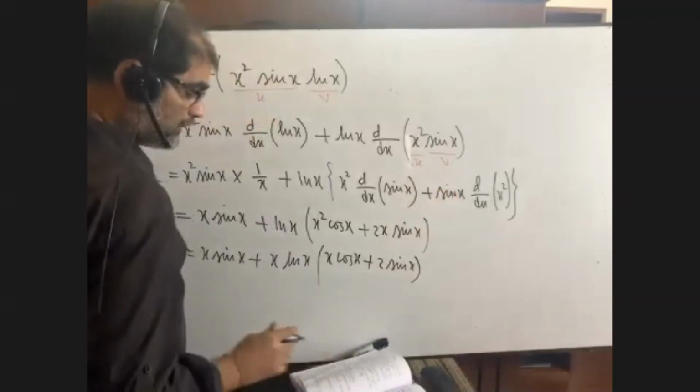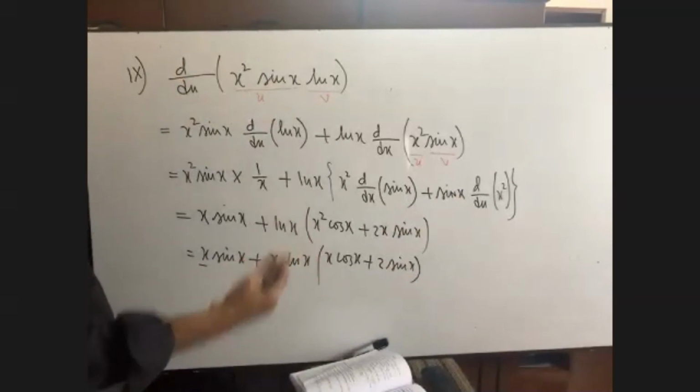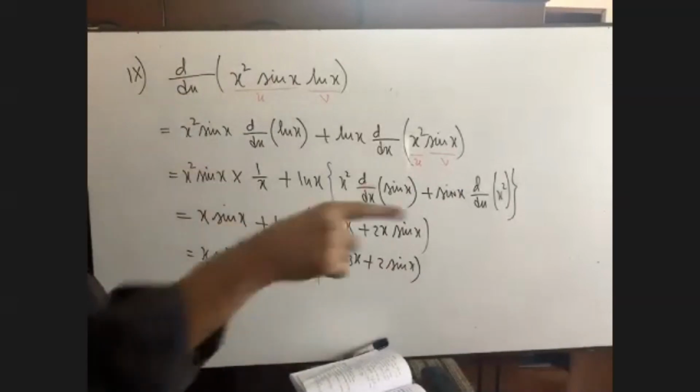Now you can take common x again, but no profit and no benefit. It is done and it is math. You can expand it, not a matter. 10 students may have 10 different answers.